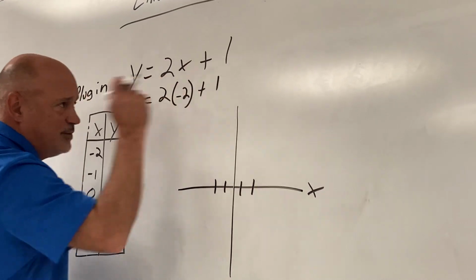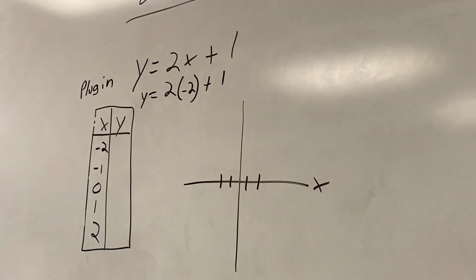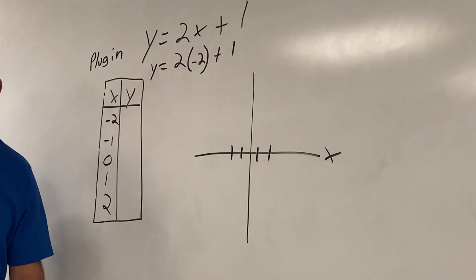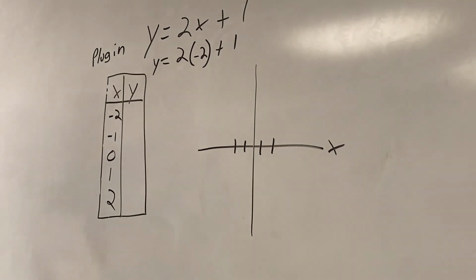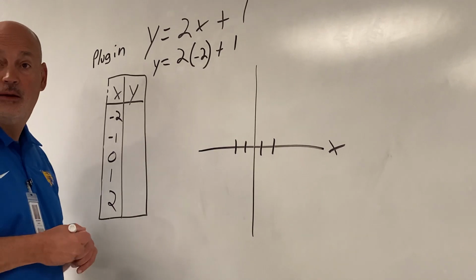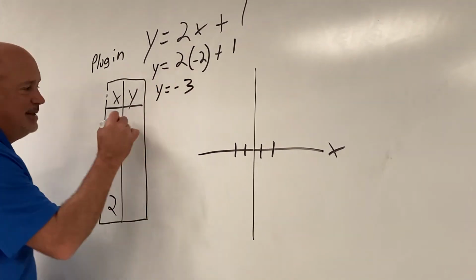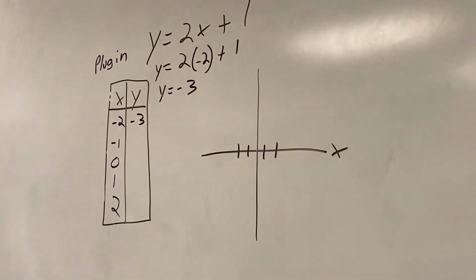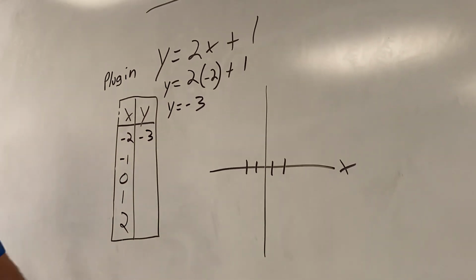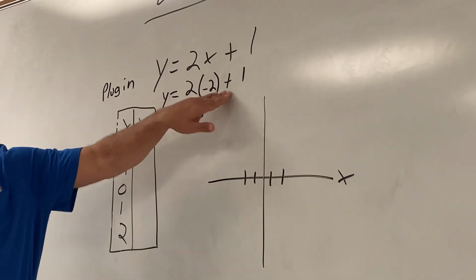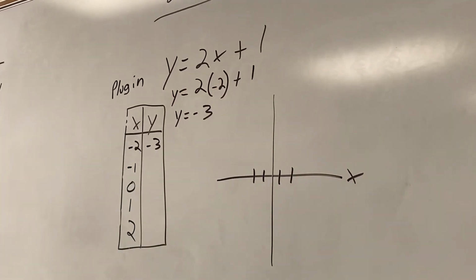Close the parentheses, +1. I'm about to show you something cool, so type it in. -3. Y'all agree? I do too. So the first y turns out to be -3.